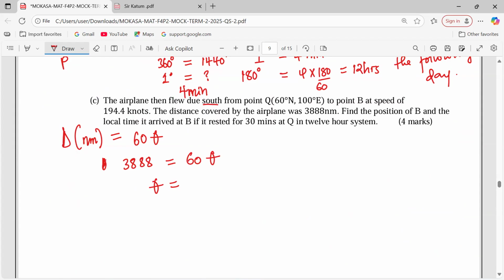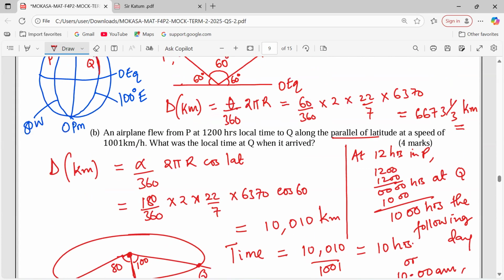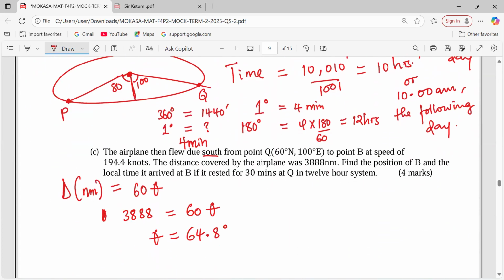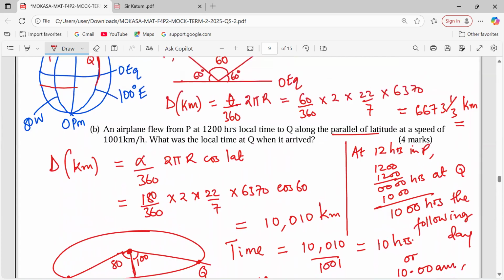So the angle difference shall be 3888 over 60, giving us 64.8 degrees. If there is an angle of 64.8 and we are going down from 60 degrees in the north, then we will cover the whole 60 degrees to the north. Then we add 4.8 degrees in the south.